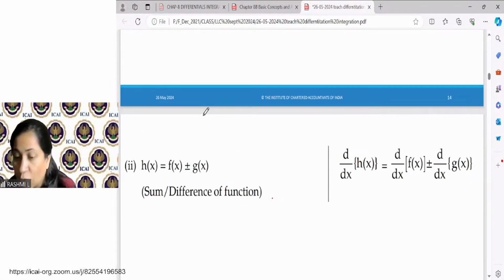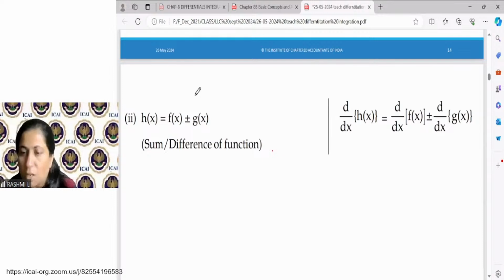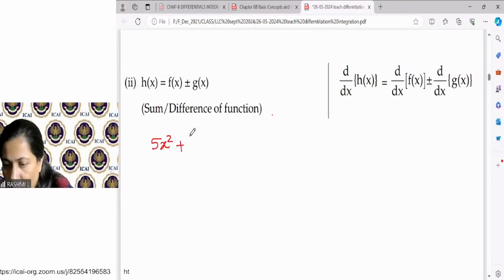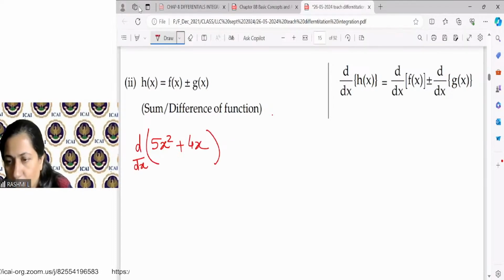Second rule is for addition and subtraction. What happens if I have addition of two functions? How do I find the derivative? Suppose I have 5x square plus 4x. If I want to find d by dx of this function, what do I do?